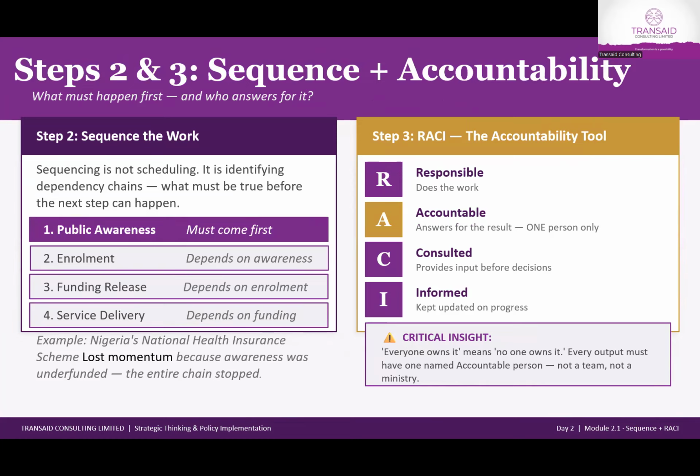It's identifying dependency chains. What must be true before the next step can happen? It's about finding the domino effect. You identify dependency chains, the tasks that must be finished before the next one can even start. It prevents you from trying to roof a house before the foundation is poured.